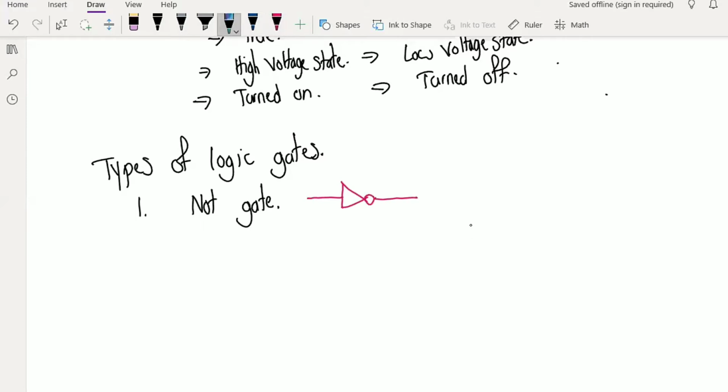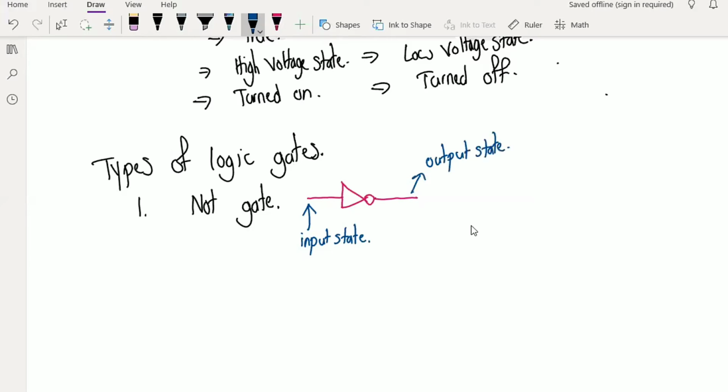We can annotate this drawing to say what these lines represent. This first line here represents the input state or the input signal. And this line right here represents the output state or signal.